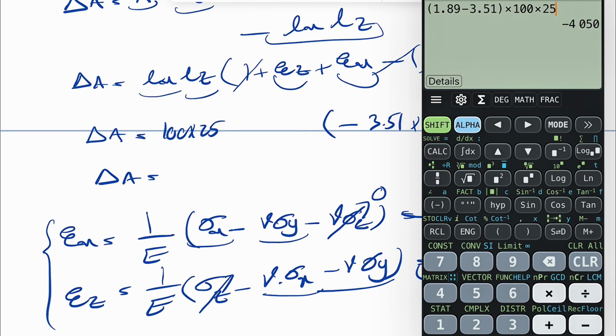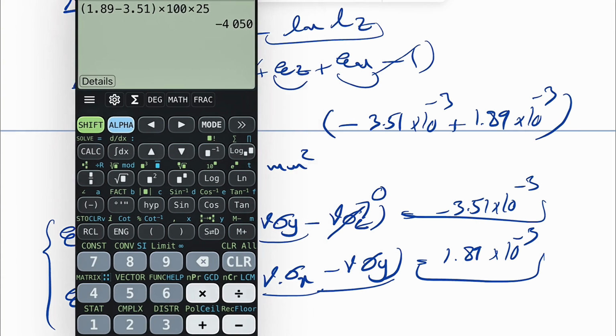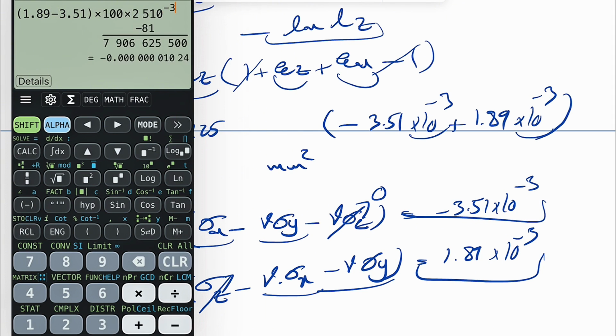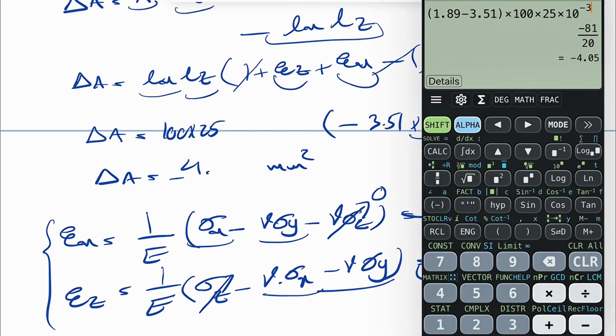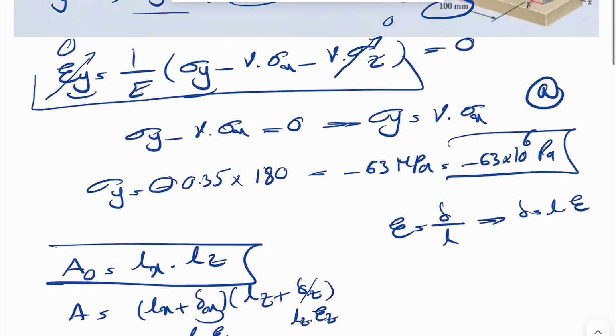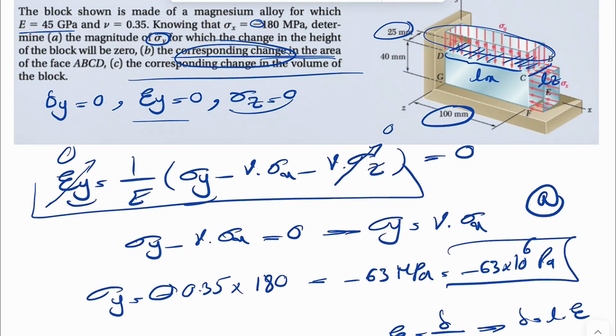Those are for the conversion, but now we can just report it as millimeters squared. And we're just going to put the 10 to the negative 3 that we have in here times 10 to the negative 3. So that's going to be 4.05 millimeters squared. And for the C part of the question, we need to find the change in the volume.